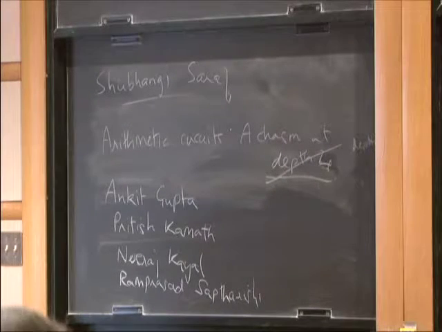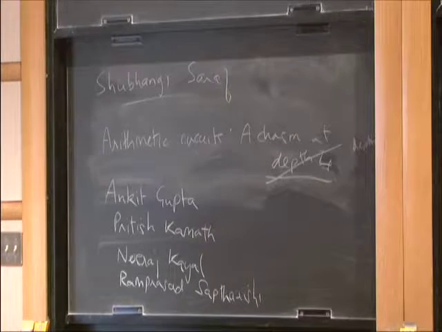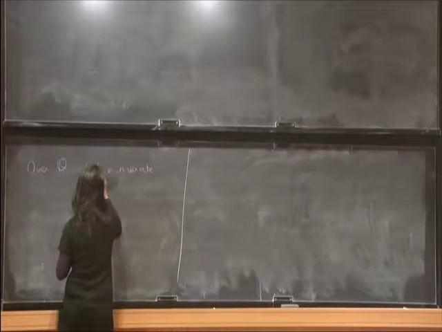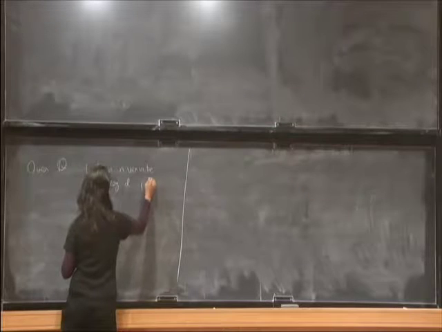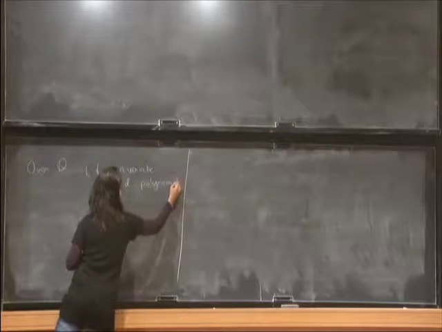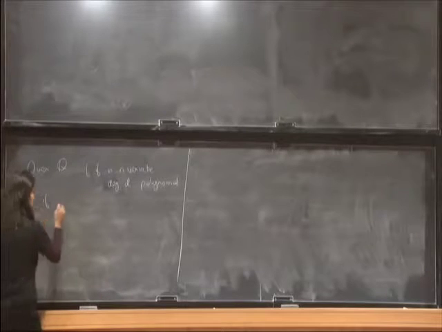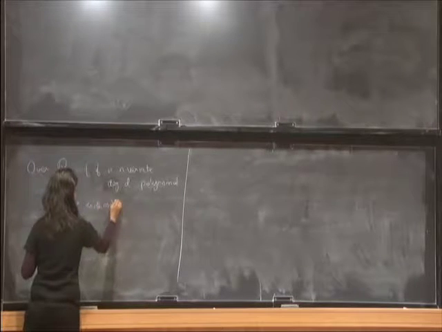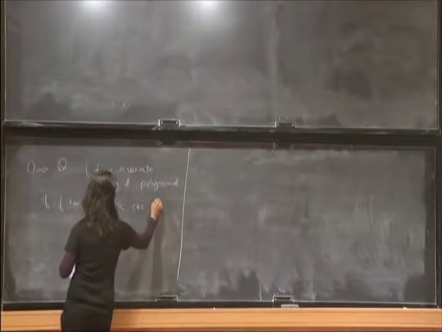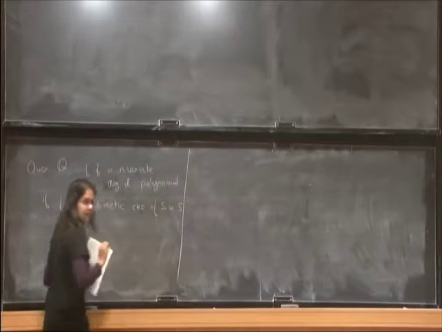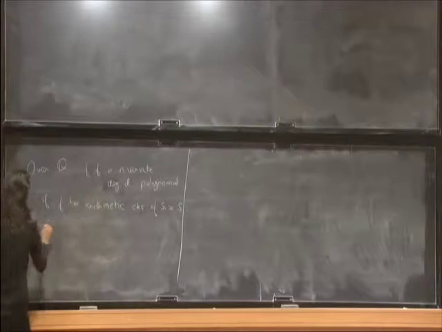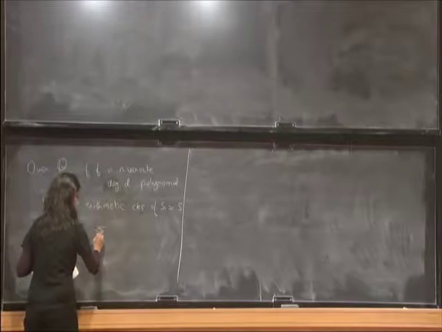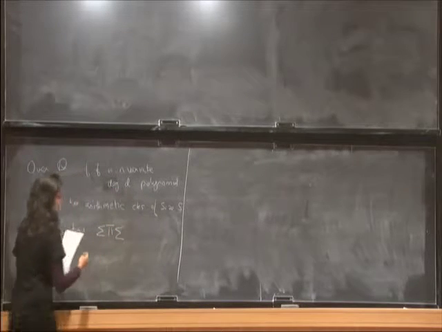So over the rationals, if you have an n-variate degree d polynomial f, and you know that f has arithmetic circuits of size s computing it, then they show that this implies that f has depth 3 circuits.